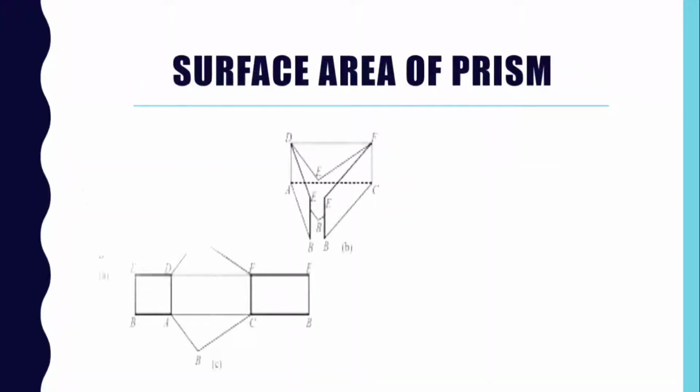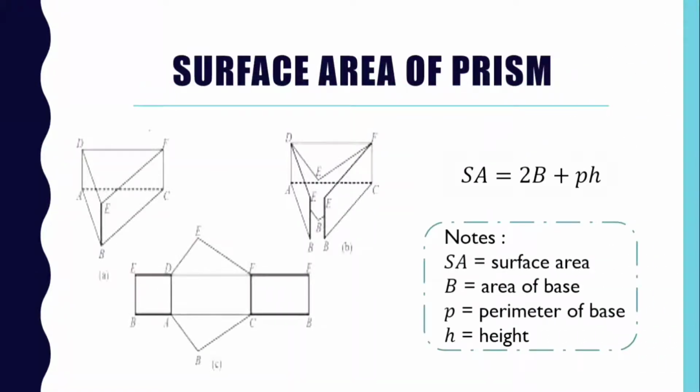From the prism net, we get the surface area of a prism. It's SA equals 2 times B plus P times H, with SA the surface area, and B the area of the base, and P the perimeter of the base, and H the height.